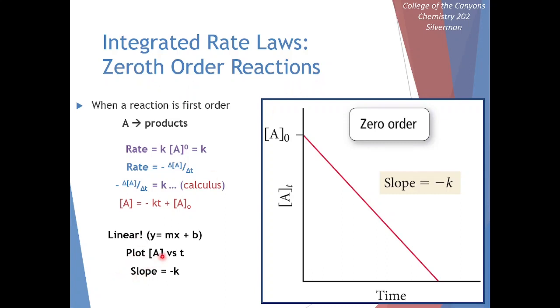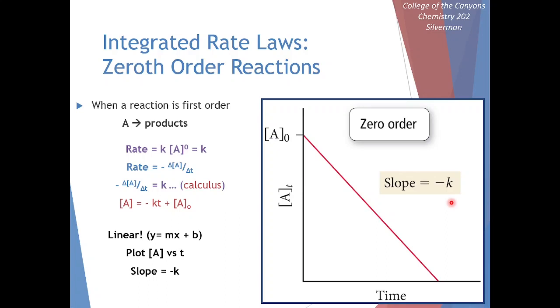If we're measuring concentration over time, maybe with spectroscopy, maybe using pressures, maybe using mass, whatever we can do, if we find that relationship is linear, that tells us our reaction is zeroth order. And if we make this graph, we can solve for the slope, and that will tell us exactly our rate constant. Fantastic.